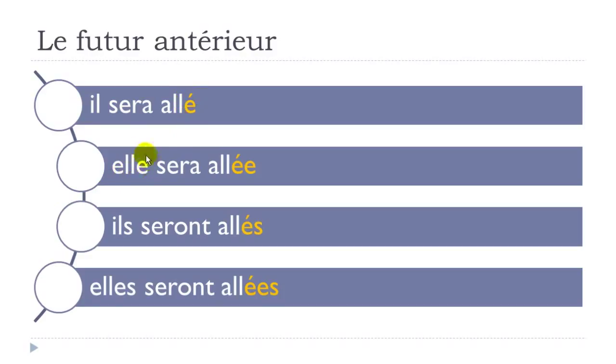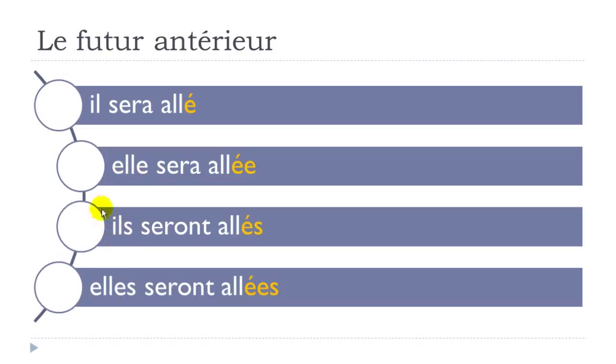But if you've got the feminine form, elle sera allée, you will have to add this mark of the feminine at the end of your participe passé form. You don't pronounce it, but still you need to write it. So remember, a mark of the feminine singular.